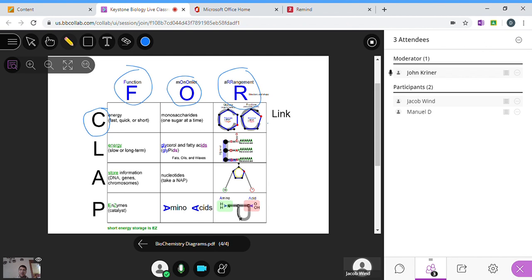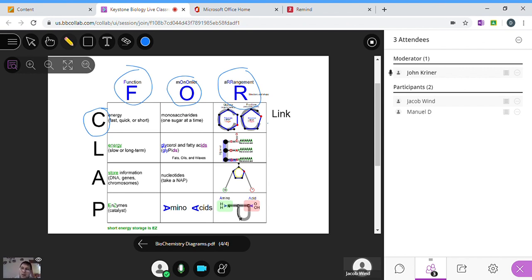So they're repeating, and now you have a macromolecule. So those repeating small subunits are called monomers, and when they get linked together, they're called polymers. The word poly means many, so a mono, one subunit, a poly, many subunits. A macromolecule is many subunits, a polymer.